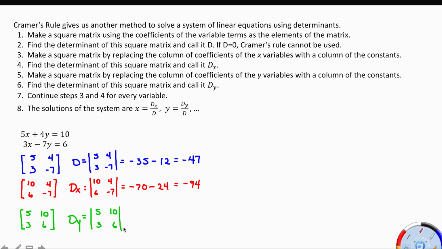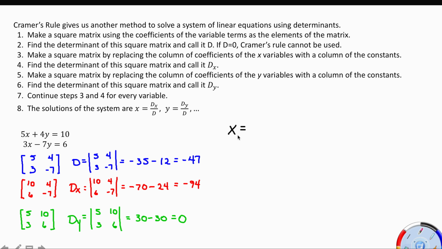So evaluating this determinant, I get 30 minus 30, or 0.